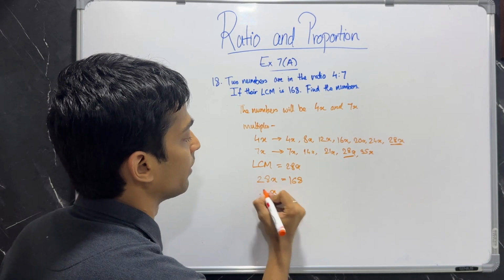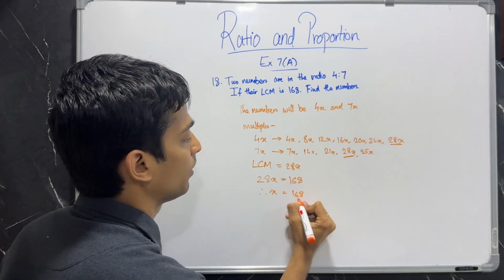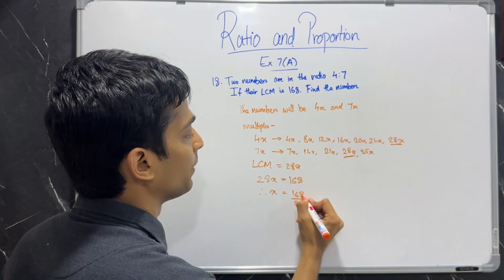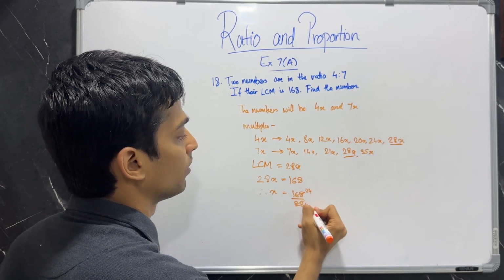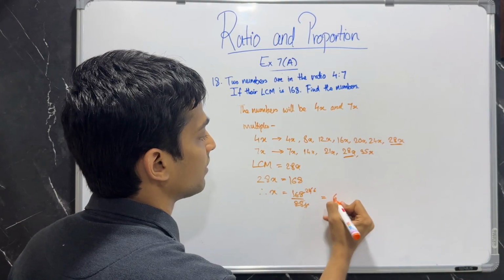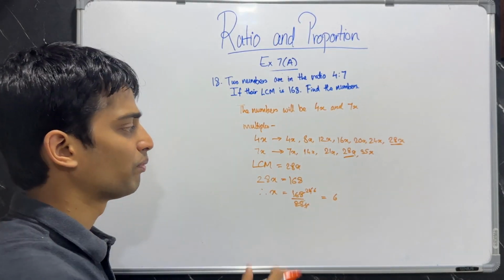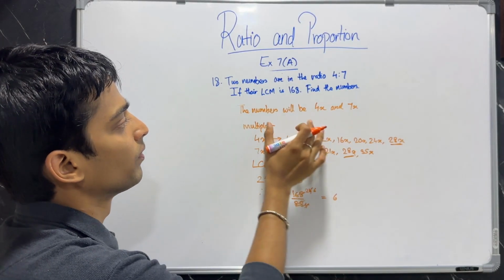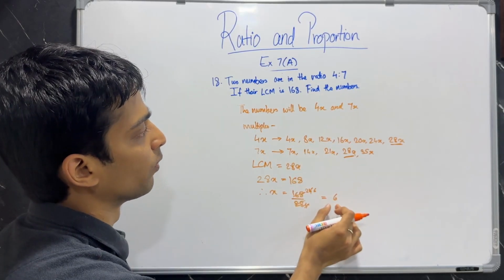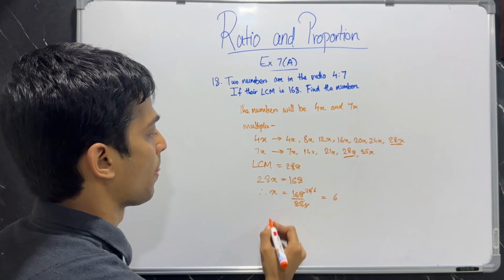So x is equal to 168 upon 28, and that comes out to be 6. Okay, so x is 6. So we have found out x is 6. Now the numbers are 4x and 7x. So the numbers will be 4 into 6 and 7 into 6.